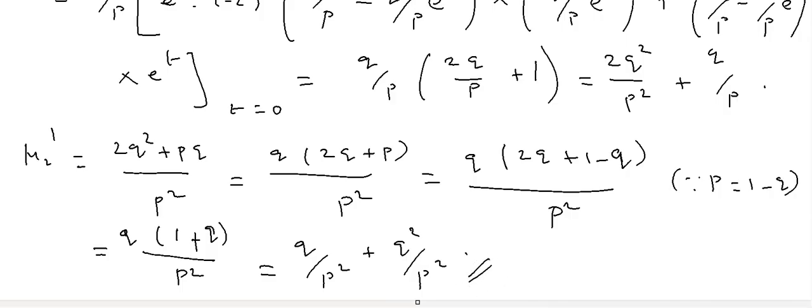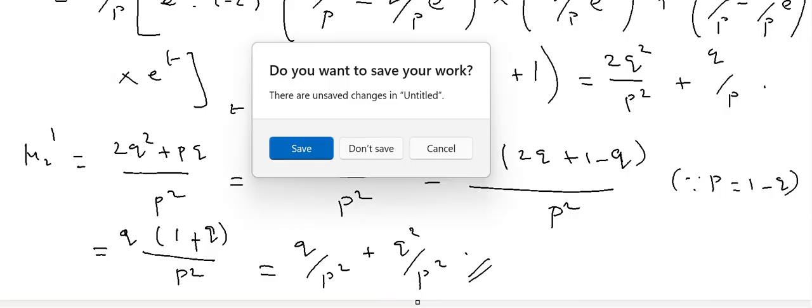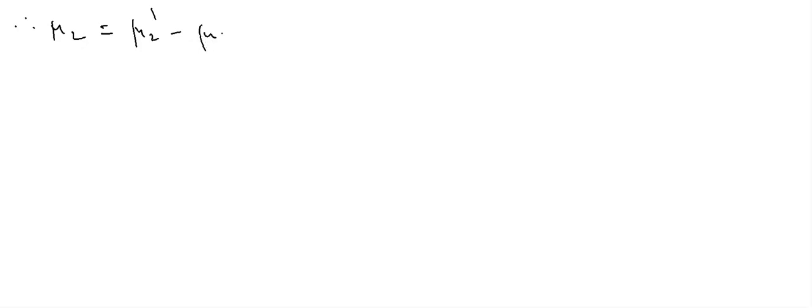Now we are going to find its mu2. Therefore, mu2 equal to mu2 dash minus mu1 dash the whole square.